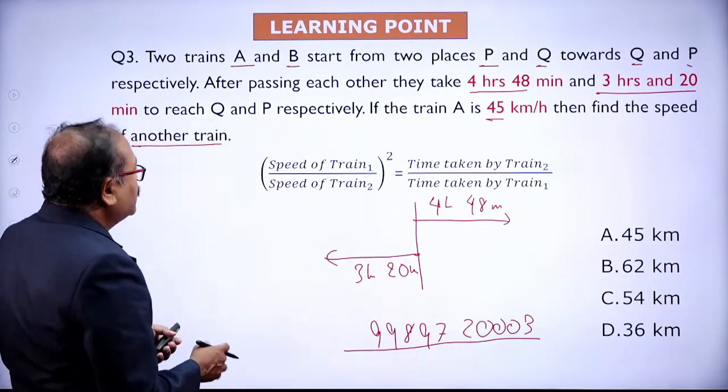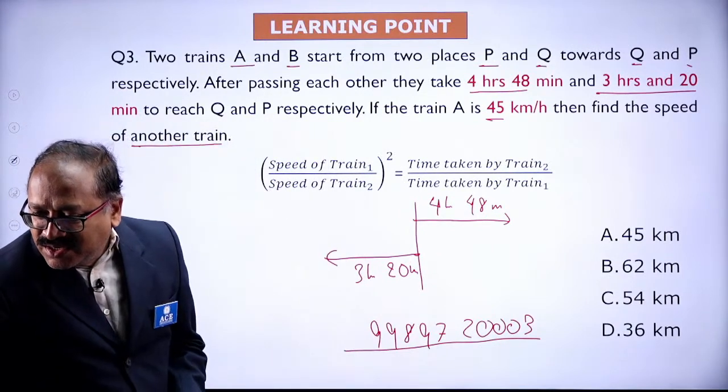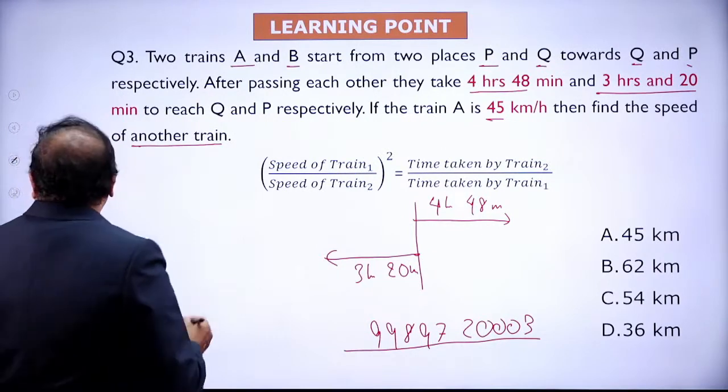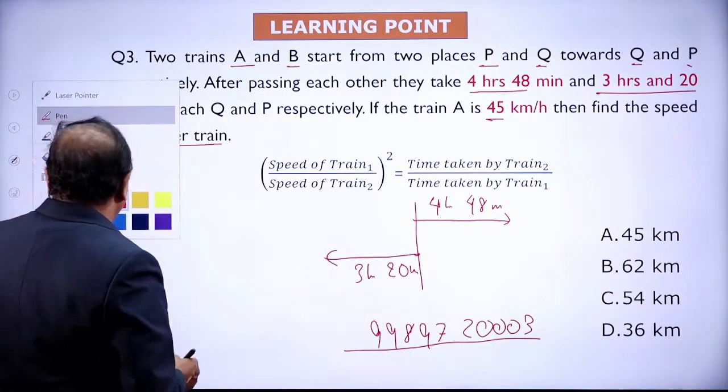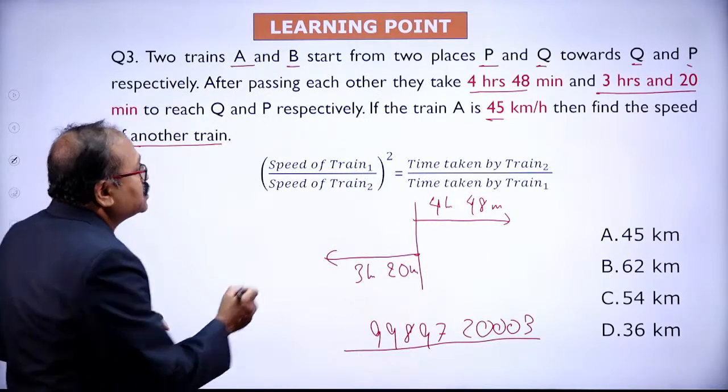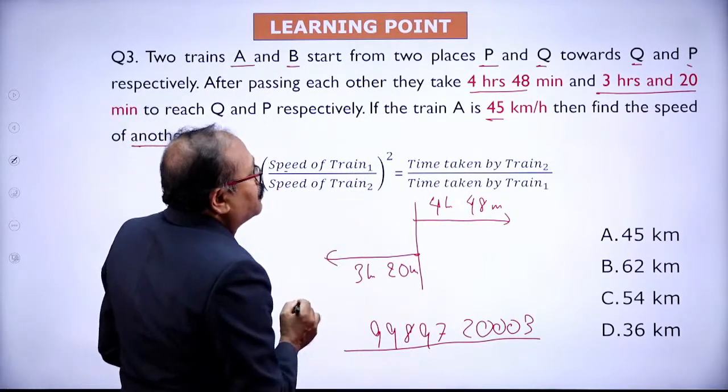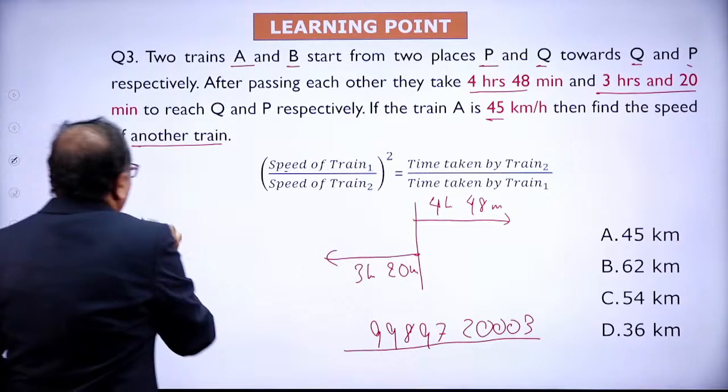Okay, let's answer the question. Has anyone answered it? So how do I answer this question here? The speed of train 1 is 45.